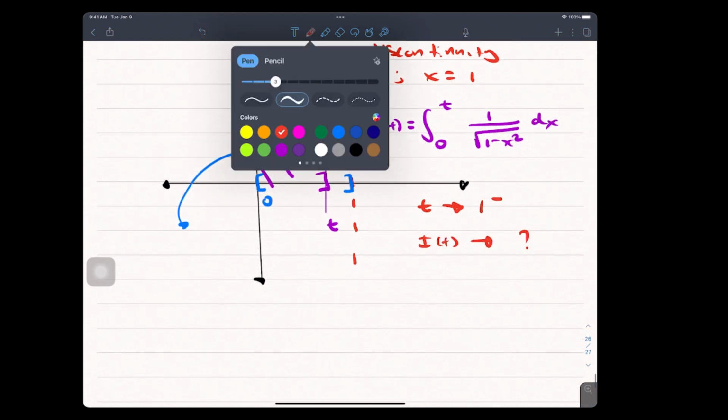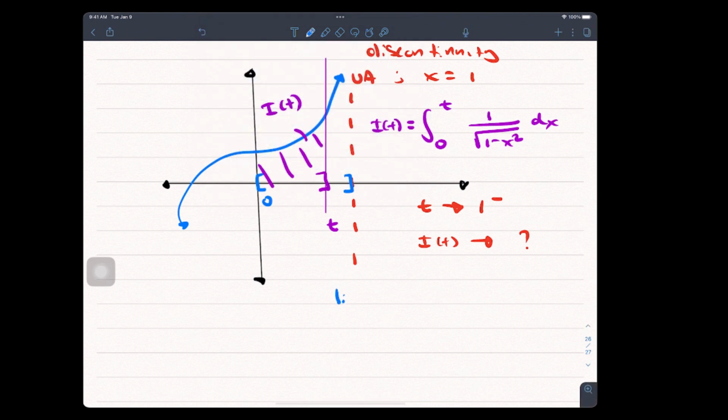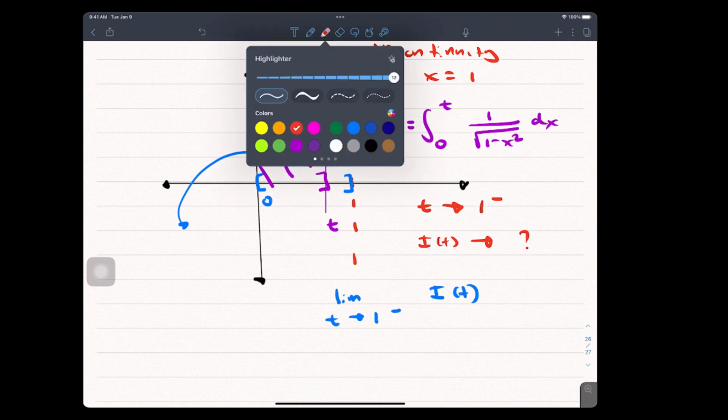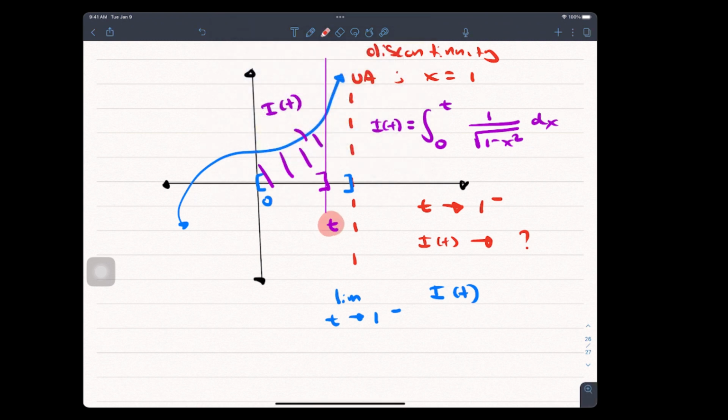So that improper integral now is going to look like this: the limit as t goes to 1 from the left of I of t. You take that area from 0 to t, get that I of t integral, and t approaches 1 from the left.